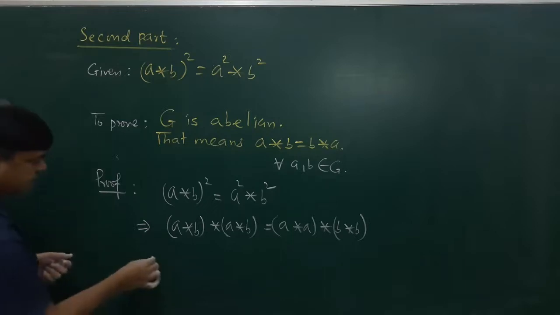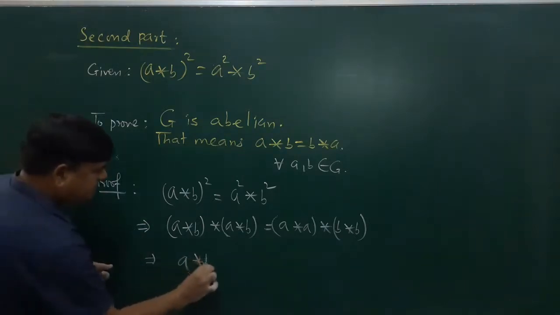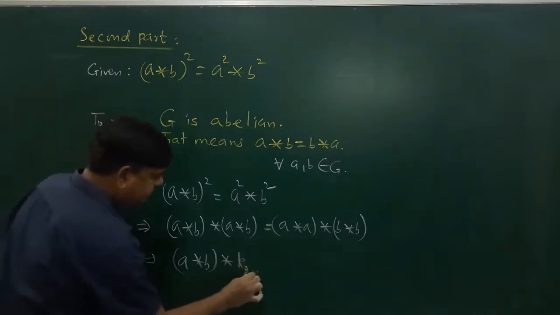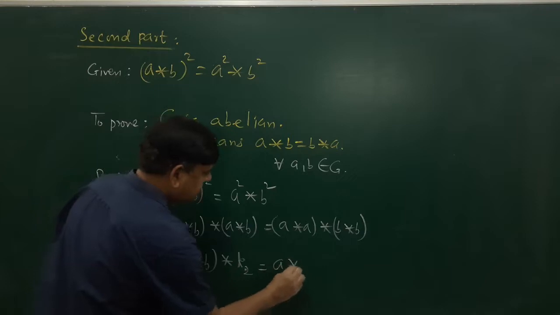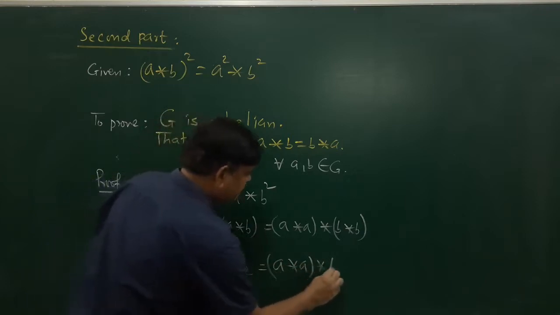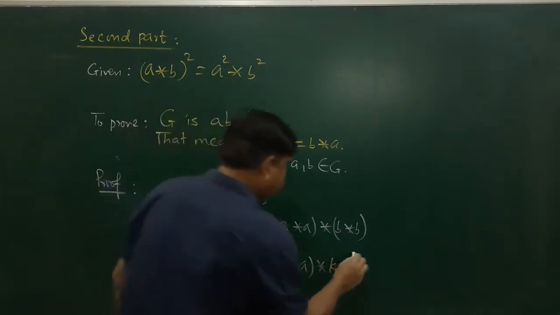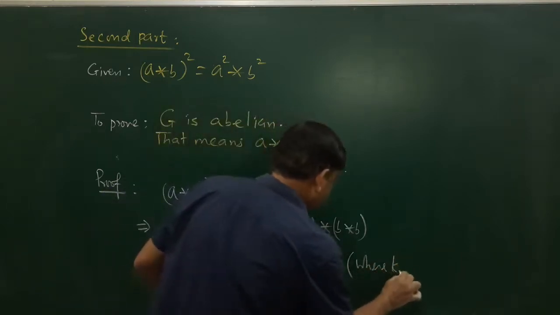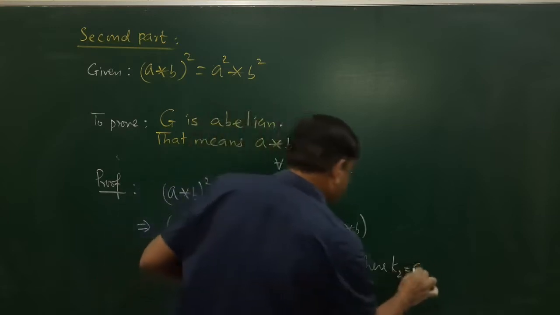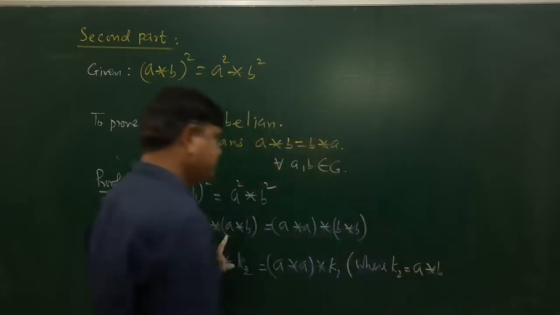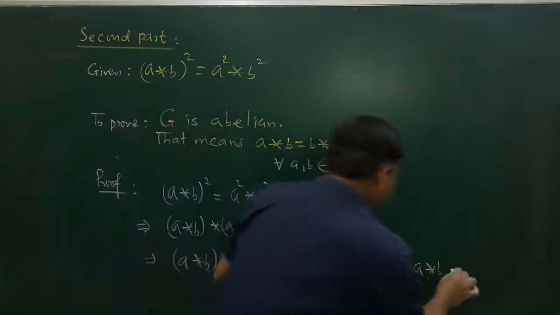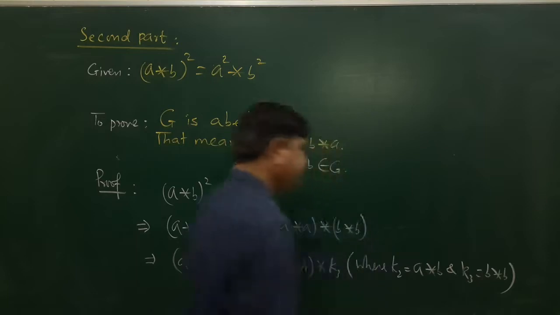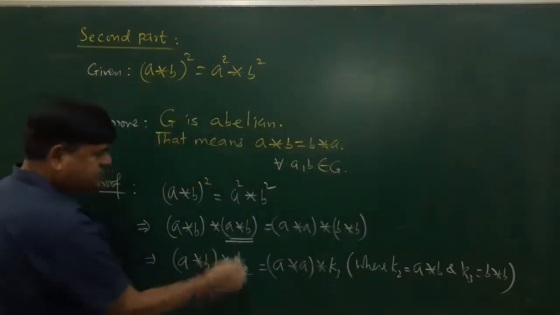Suppose this is K2. This is K3. Where K2 is this one part. I have assumed this part.